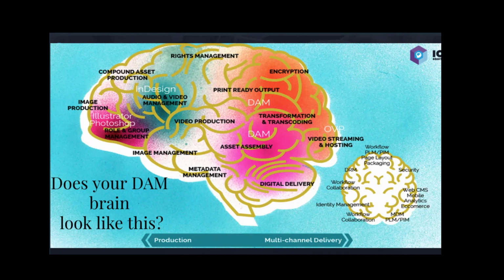And of course, we are seeing a big rise today with master data management, owning the reference data models, and DAM plays a huge part in that across the whole content lifecycle.